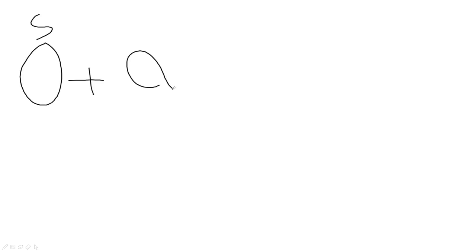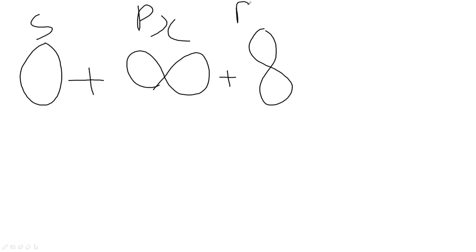Okay, now I'm going to show you how to represent this. Look at number 1, the s orbital. This is the s. I'm trying to minimize the space on the board. This is the px orbital. This is the py orbital, and this is the pz orbital. It's meant to be bulging out, like I said before, but since we can't do that in 2D, we have to leave it like this.